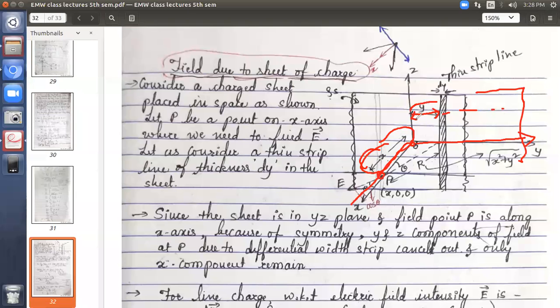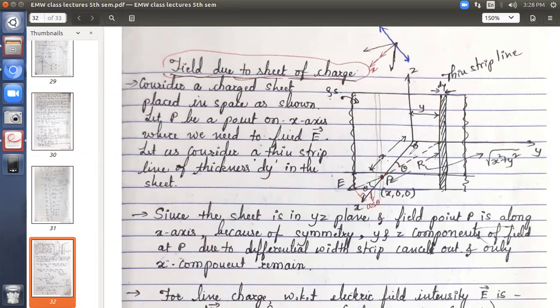But for now, this is your y and this is your x, because of these two lines, the x axis and y axis. And from point P, where we want to find the electric field, to the strip, this is your wire. From the center, drag it and you will get a position vector, capital R. Its value you can find by applying the Pythagoras theorem.